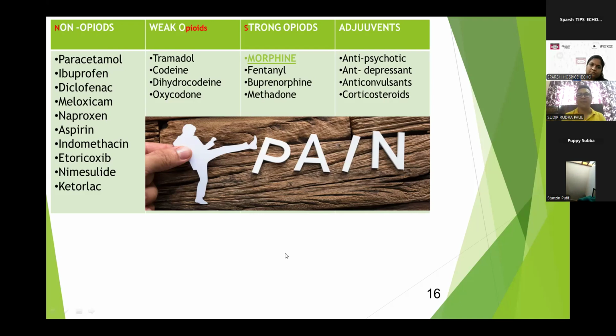Again, if I give an example, anticonvulsant drugs. In palliative care and pain management or pain clinics, we widely use pregabalin and gabapentin.